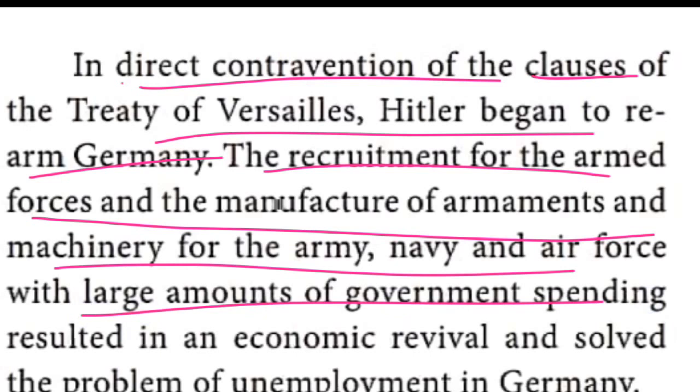It resulted in economic revival. Economic development was there, and it solved the problem of unemployment in Germany. In this way, Hitler solved the unemployment problem in Germany.